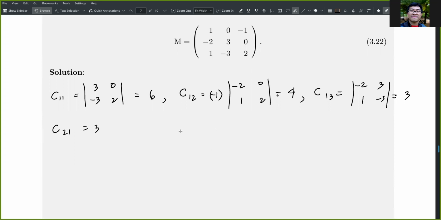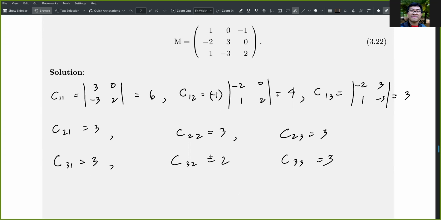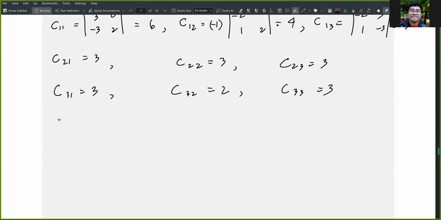I'll just write it directly. C22 is 3. C23 equals 3. C31 is 3. C32 is 2. C33 is 3. So the cofactor matrix is then 6, 4, 3, 3, 3, 3, 3, 2, 3.